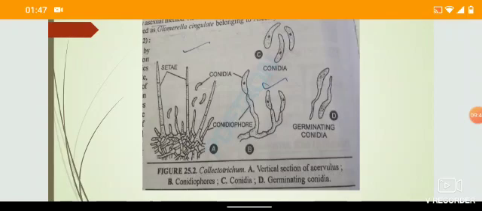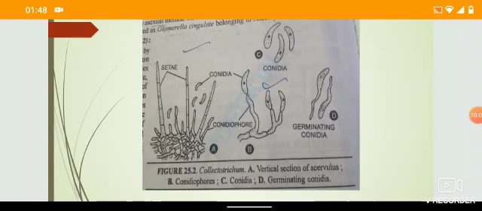Each conidiophore develops a single conidium at its apex. So in this way, a large number of conidia are produced on the conidiophores, and they are present just below the epidermis.